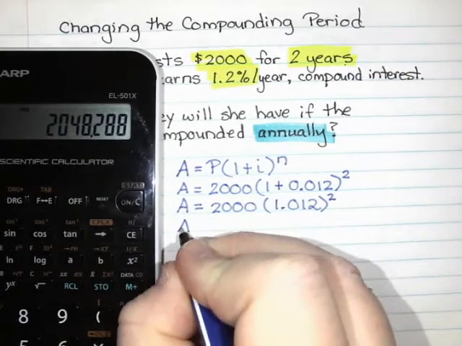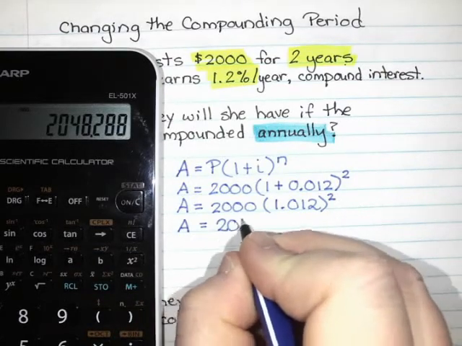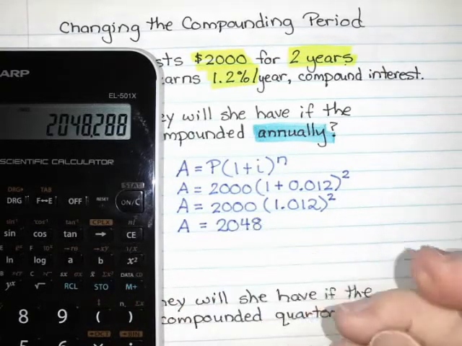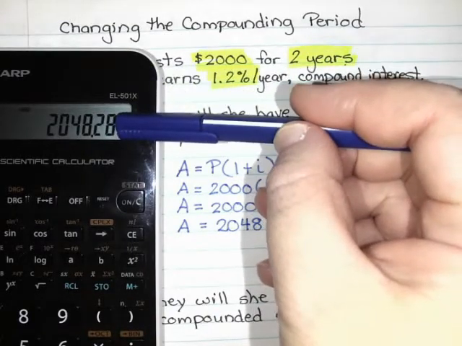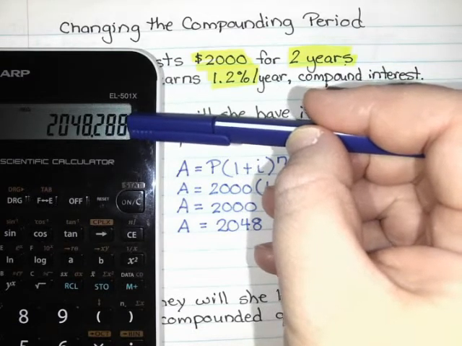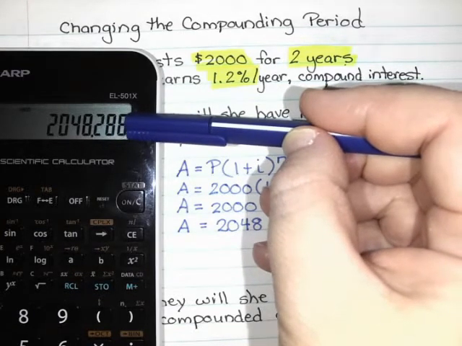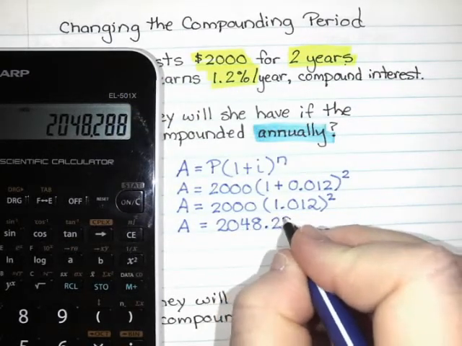So A is going to equal $2,048. And now I like 2 decimal places for money, so that would be 28 cents. But I'm going to take a peek at the next number, and that number is bigger than 5, so that's going to round up to 29 cents.